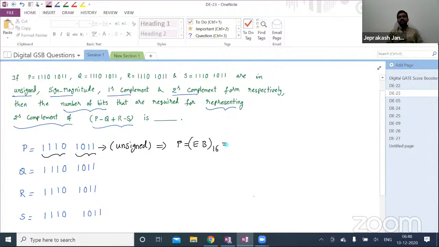Now tell me what is the corresponding decimal number. All of you please calculate. You can calculate the equivalent value by placing the position weights in powers of 16, multiplying every digit with the corresponding position weight, and then adding.